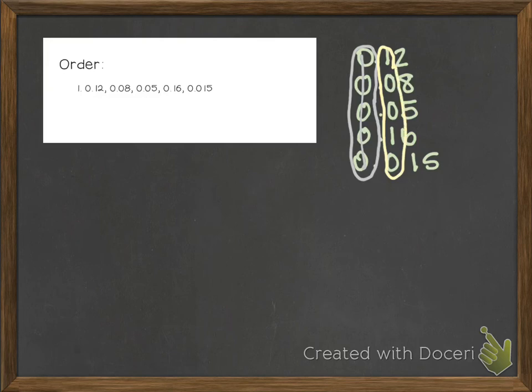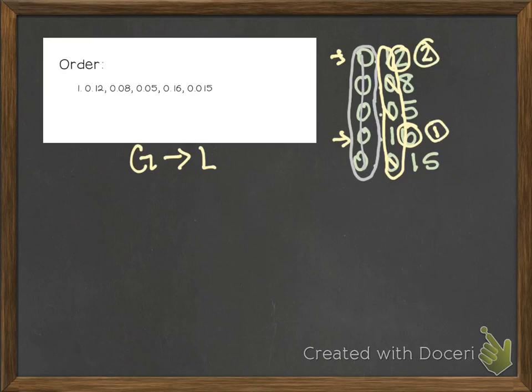So I actually, I didn't say this, I want to order from greatest to least. So I look and 1 is bigger than the zeros. So I'm just looking at the numbers with 1s, which are right here. So then I need to move to the next number, which is a 2 and a 6. 6 is greater than 2, so I'm going to place a 1 there and a 2 there to help me remember my order.